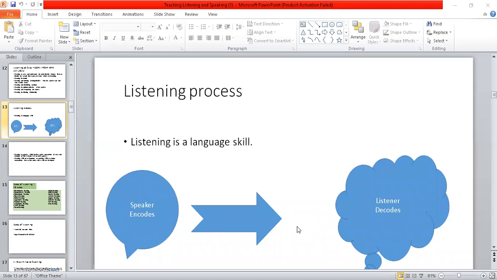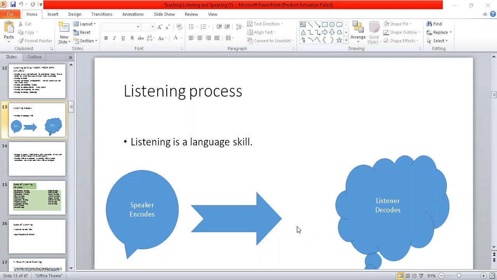Hears the message. Now here encodes and decodes are not the technical terms that we are talking about, but when it comes to listening and speaking, speaker encodes is giving the message. Listener decodes is receiving the message, getting the message into the system.